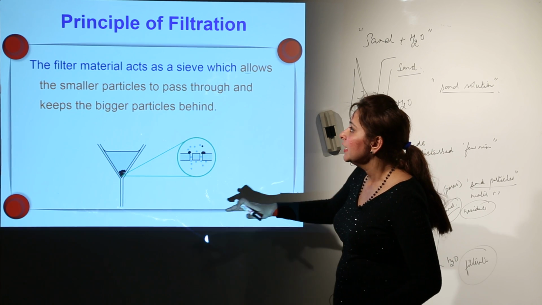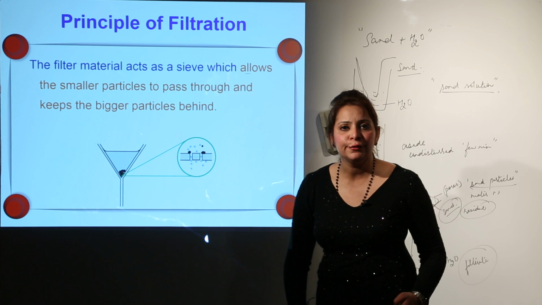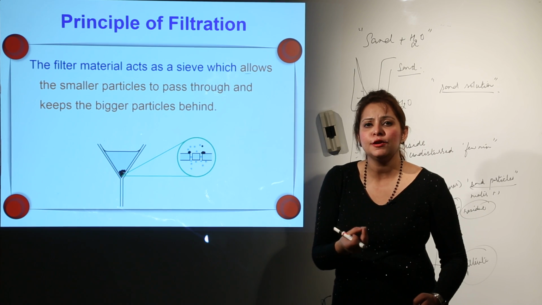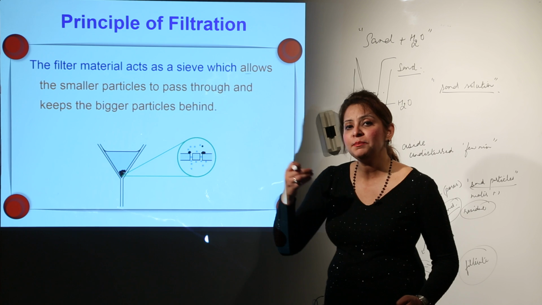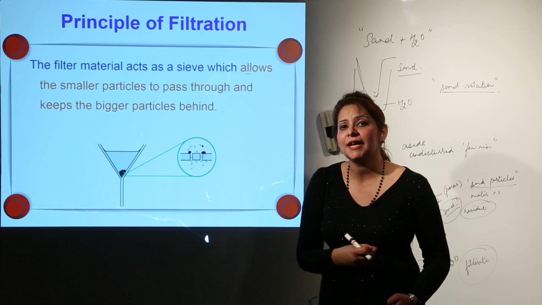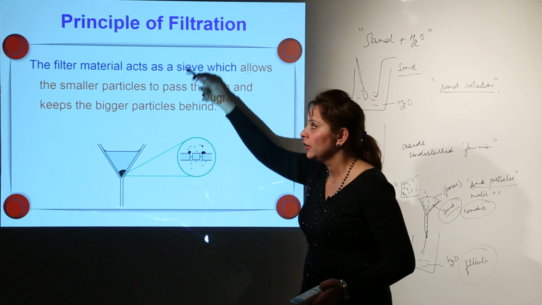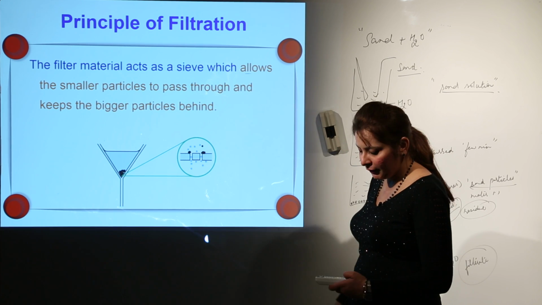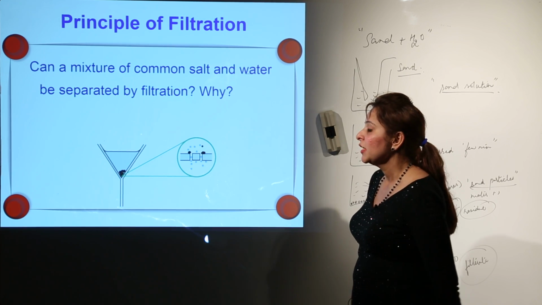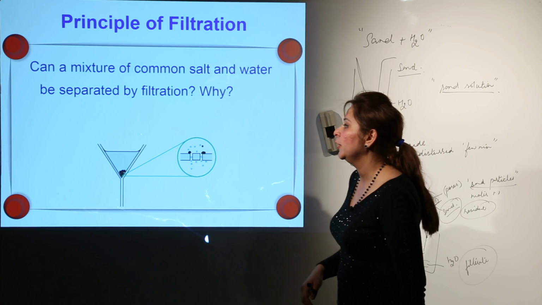So the filter paper acts as a sieve. It has pores, so it allows some particles to pass through but not the larger ones. Now we'll discuss one more question.